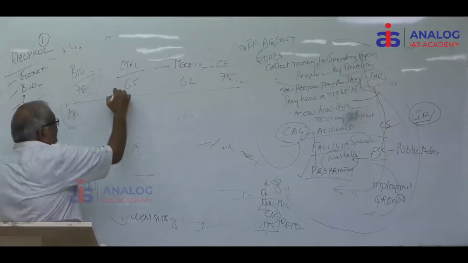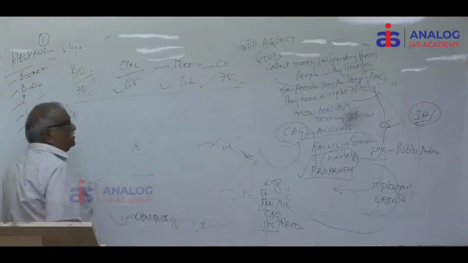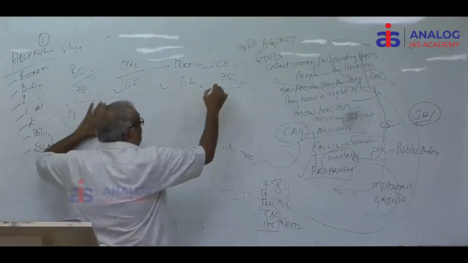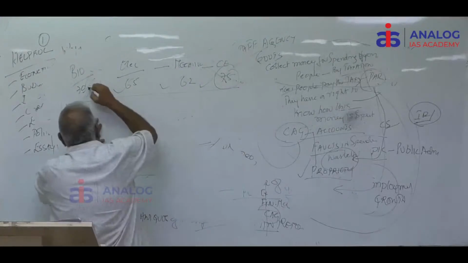So every topper gets a chance to enter the civil services. There's nothing like comparison. You cannot say this person has got 75, therefore this person is superior to that person.